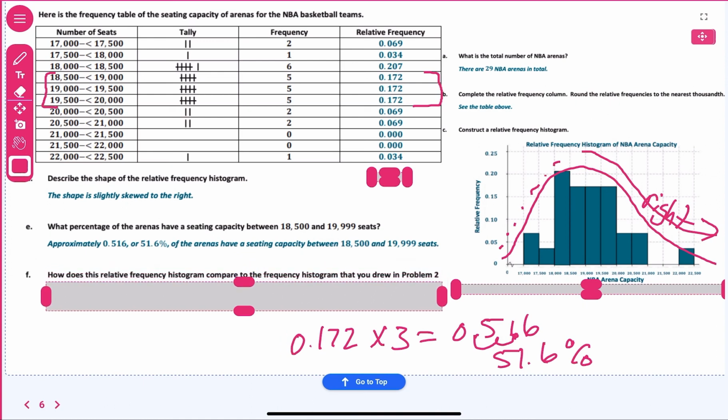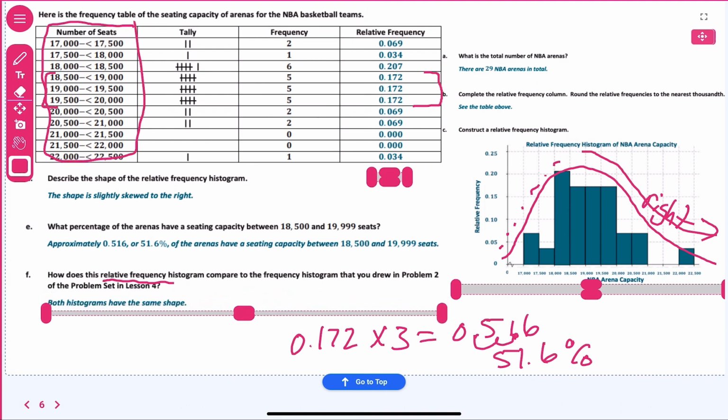F, how does the relative frequency histogram compare to the frequency histogram that you drew in problem 2 of the problem set in lesson 4? If you think back to it, if they use the same intervals of number of seats, it should be the exact same.